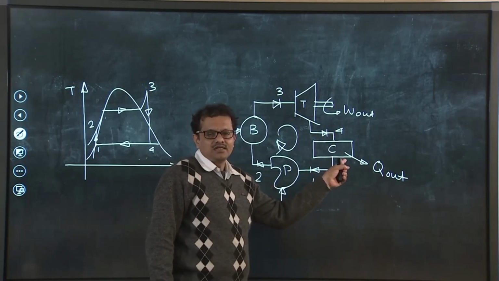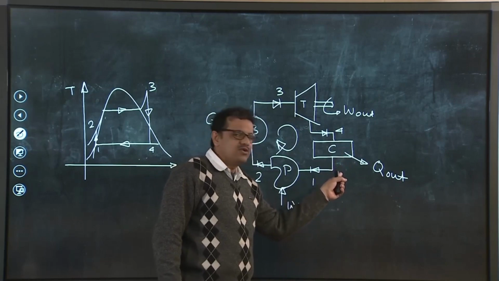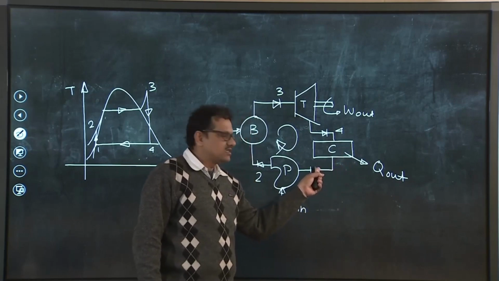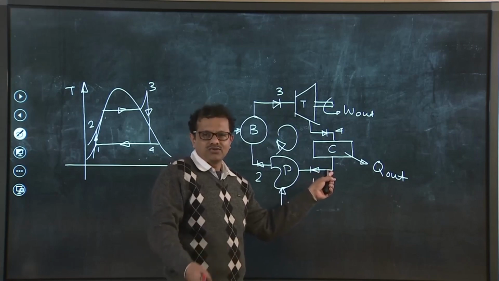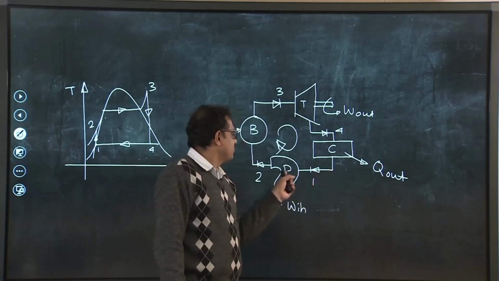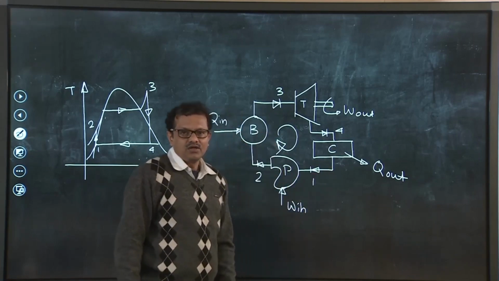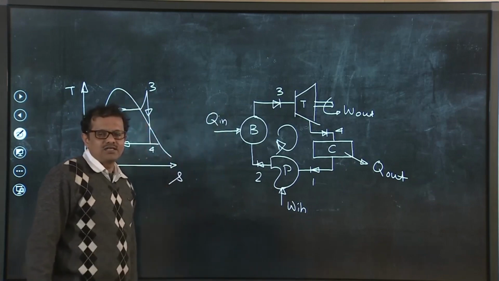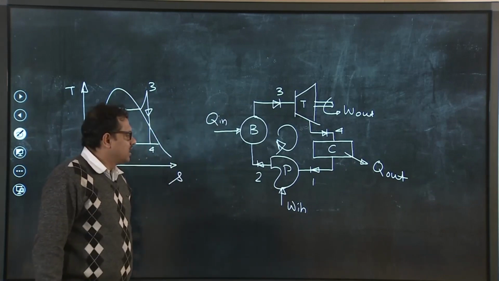Upon releasing heat, that steam will be condensed into water, of course saturated water, and that water will be taken back to the boiler. So, this is how this particular steam power plant works.